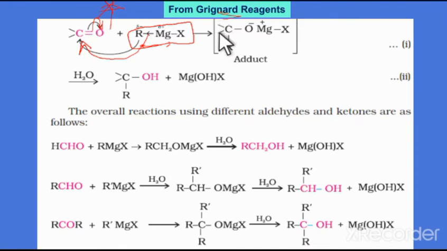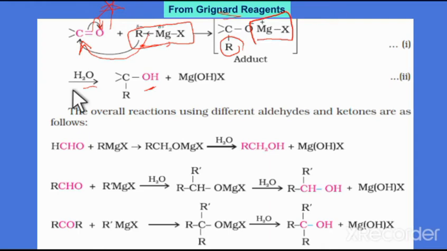In the adduct, the carbonyl carbon is attached to the alkyl group, and the oxygen of the carbonyl group is attached to the magnesium halide. Now when it undergoes hydrolysis, cleavage takes place between OMgX and the hydroxy group is obtained.